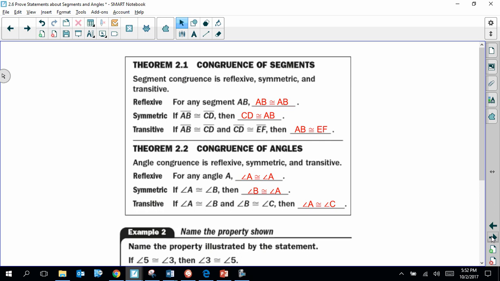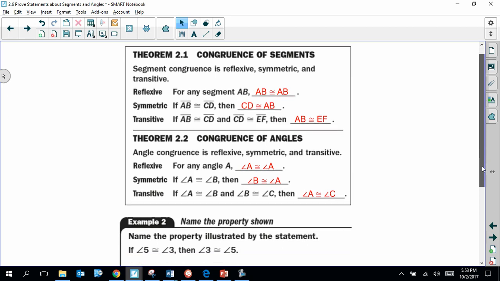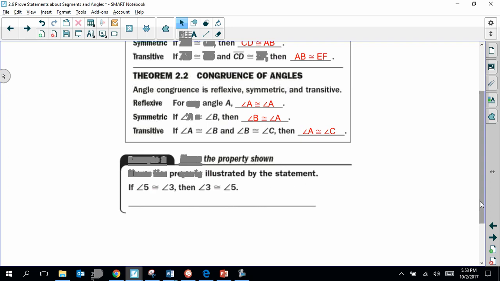Well, not only can we use those terms, but we also had the reflexive, symmetric, and transitive properties of equality, and not only do they work for equality statements where I say something equals something else, but they also work for congruence statements as well. So I also have those same properties with my congruent statements.